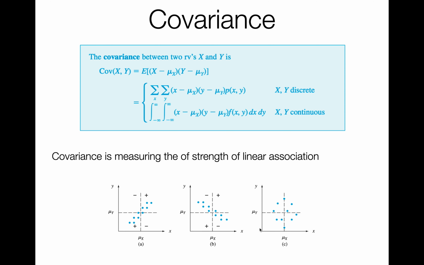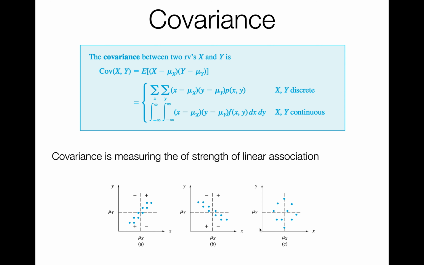So as the value of x goes up, the value of y is also going to go up. The three graphs I have at the bottom of the slide show this.